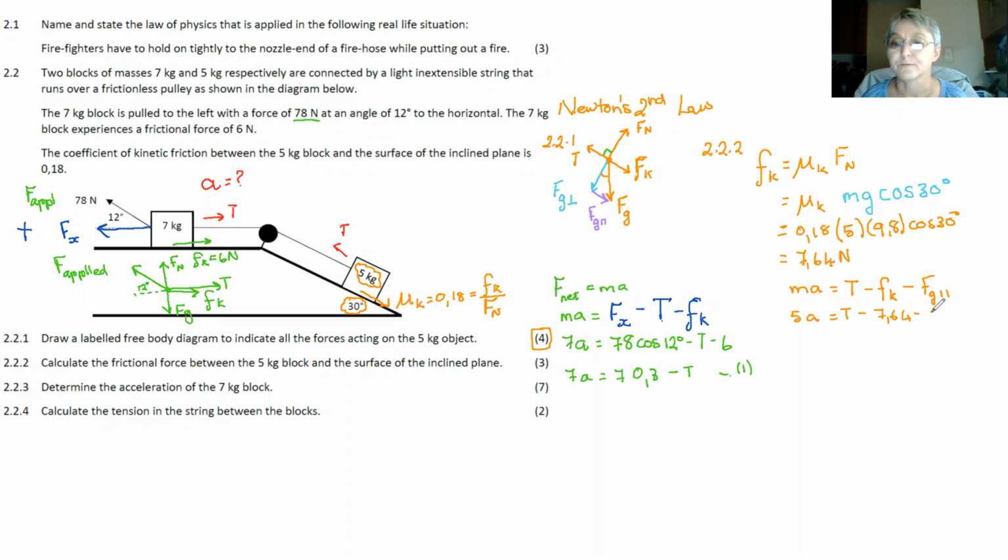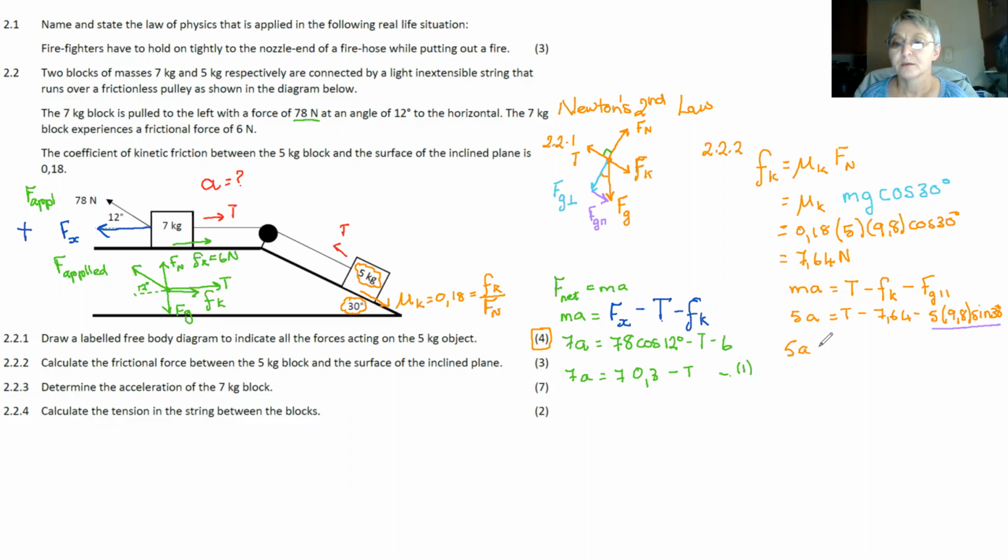So it is 5 times 9.8 sine 30 degrees. That's that purple part that we've got here.